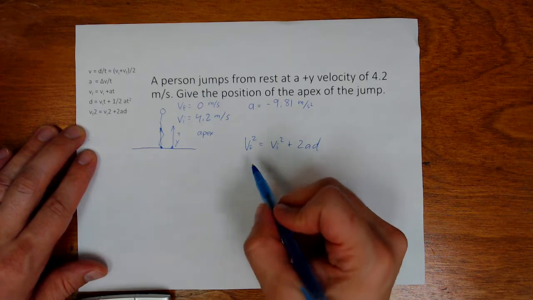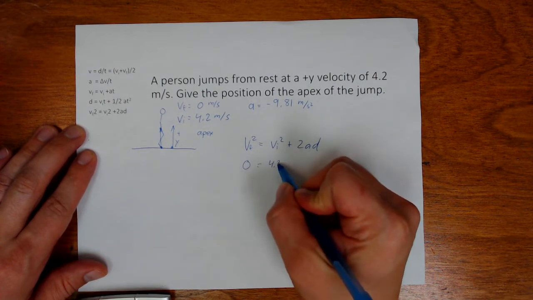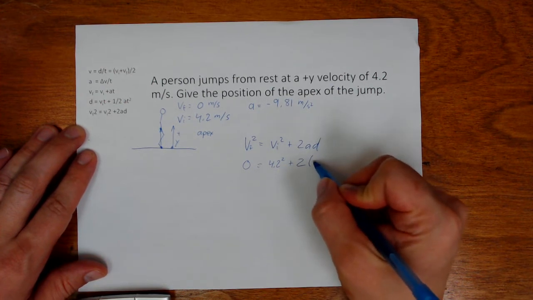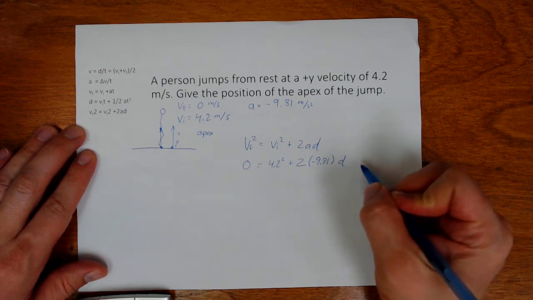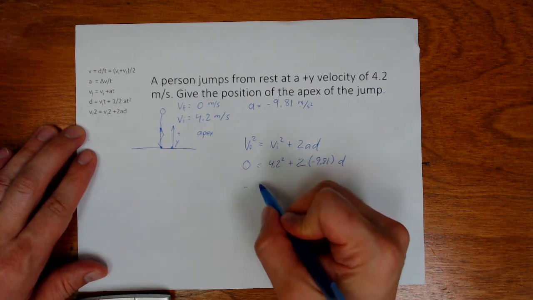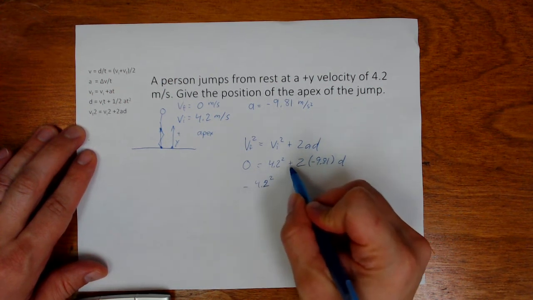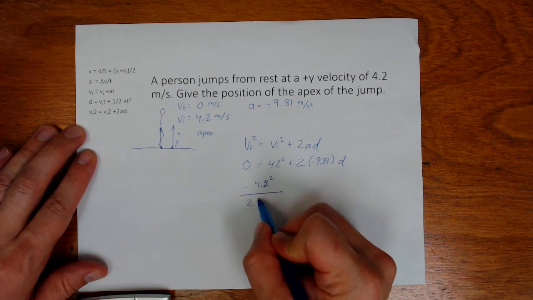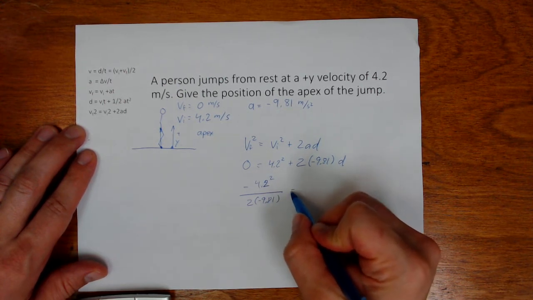All right, so we just fill these in. v of f is 0. We have v of i of 4.2 squared plus 2a, which is negative 9.81, and your unknown d. So we can bring this to the other side, negative 4.2 squared, and then we divide that side by 2 times negative 9.81, to get d.